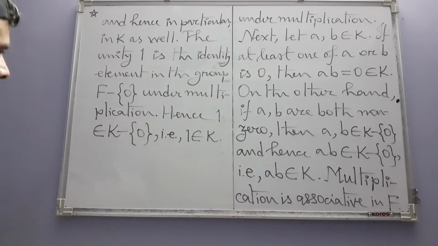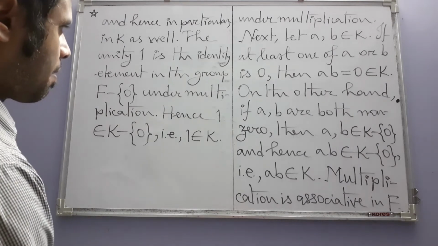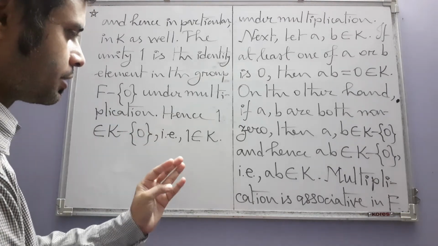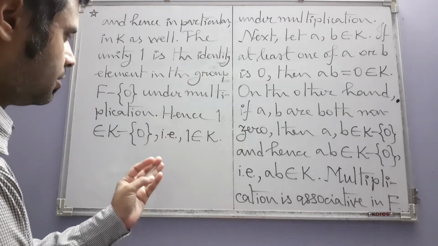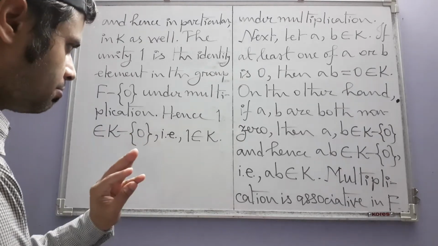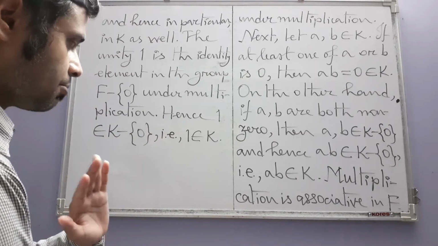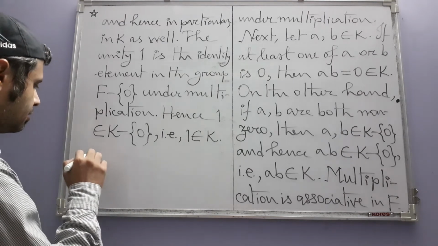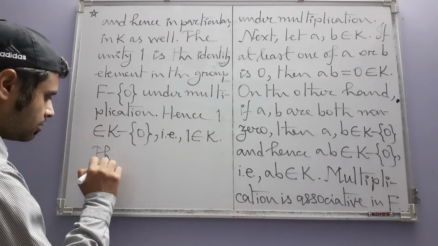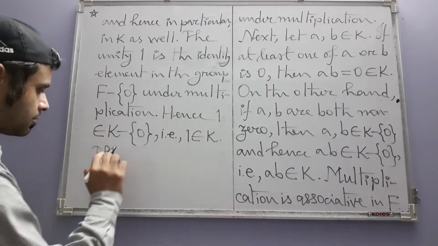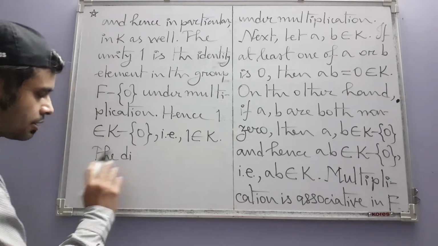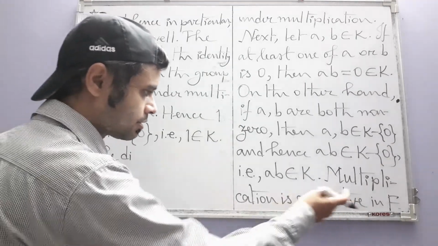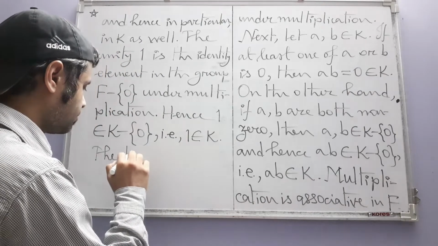Okay. So we have seen that K is closed under multiplication. Multiplication is associative. The unity also belongs to K. And what else? The distributive law. The two distributive laws are also true in K because they are true in F. So it's somewhat like associativity.